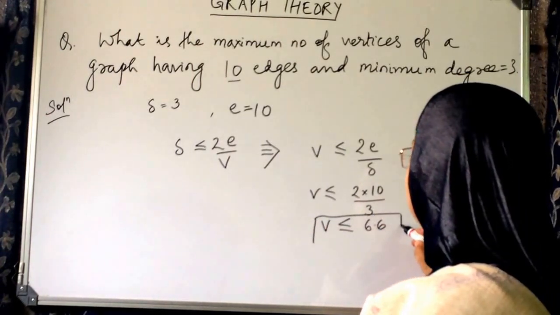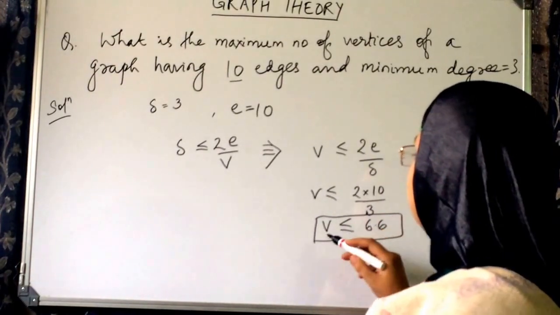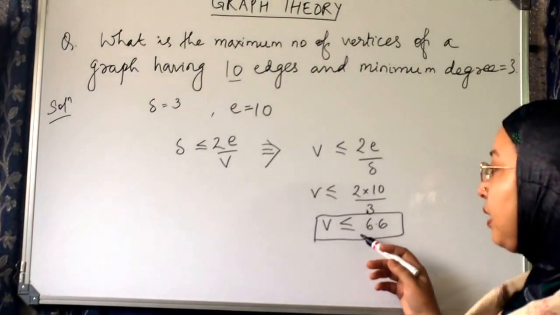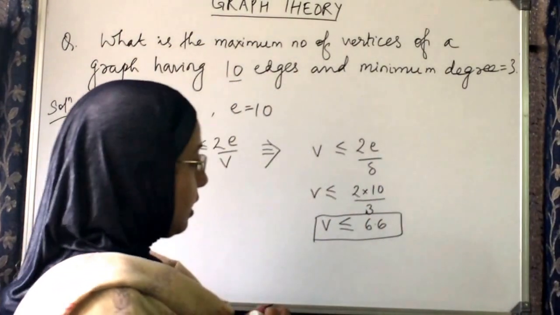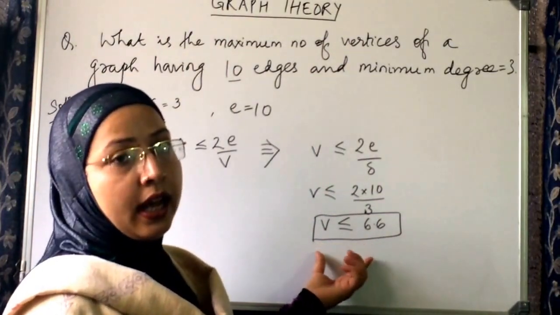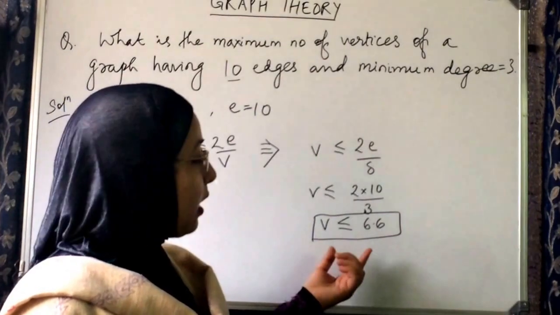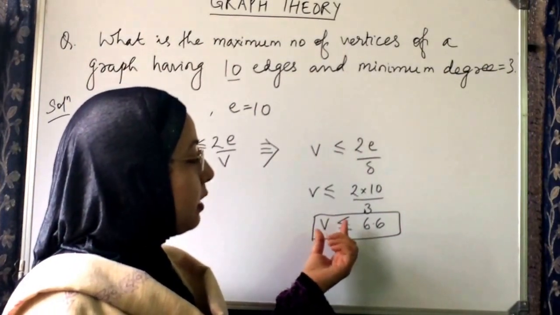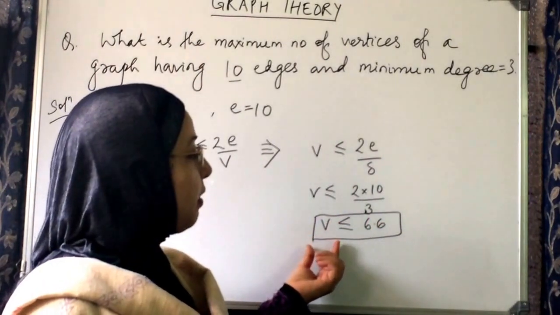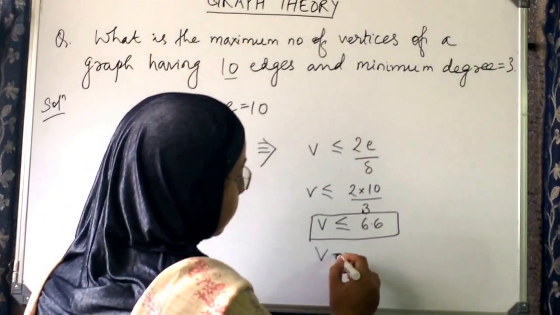It is given that the number of vertices should be less than or equal to 6.6, and vertices can never be in points or decimals. It also cannot be greater than this 6.6. So the maximum value we can take will be 6.